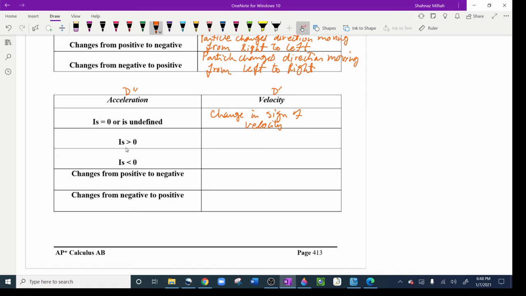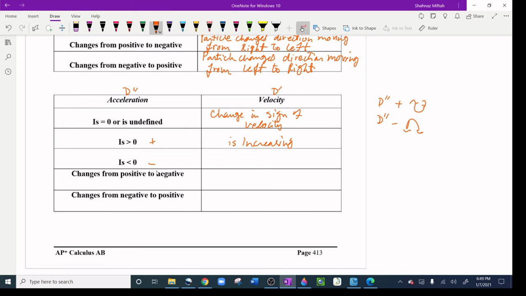If the acceleration is greater than 0, positive, you know when we had a double prime, if the double prime is positive, then it's concave up. If double prime is negative, it's concave down. So in this case, since we're talking about velocity, velocity is increasing if the double prime is greater than 0.